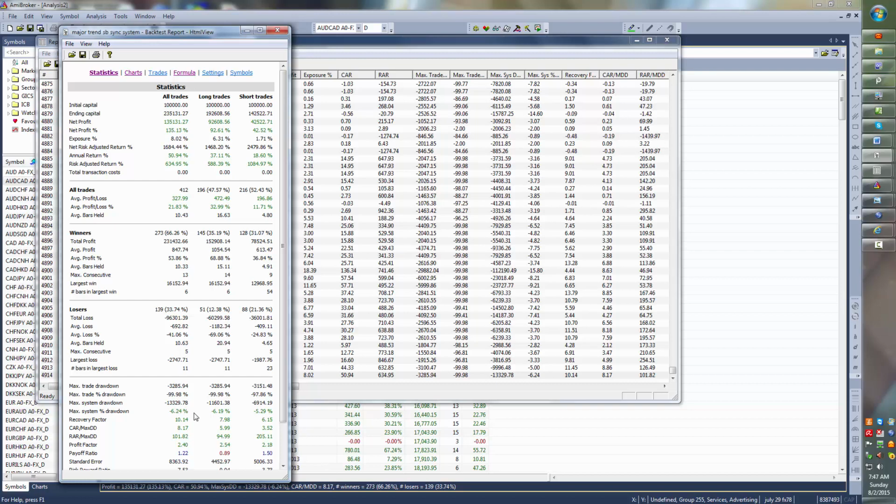Now, the reason it's this low is because at any given time you're long or short different currency pairs, and you're taking advantage of specific situations.